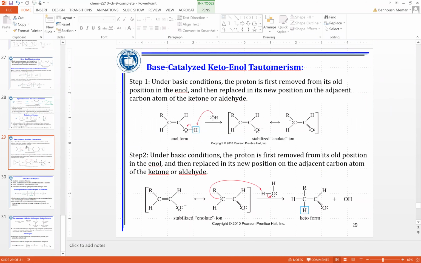So in a base catalyst, you remove the hydrogen first. When you bring the base as a catalyst, it's going to act first. So it's going to remove the hydrogen. The pair of electrons goes to oxygen, and you have a negative charge. Then a pair of electrons from the oxygen can be dropped in to make a carbon-carbon double bond.